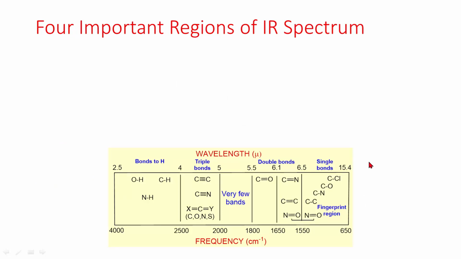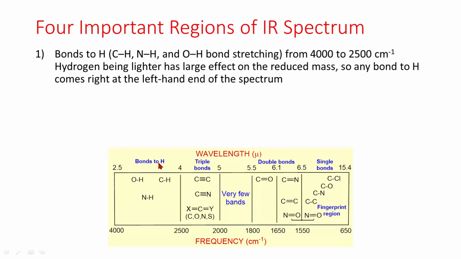There are four important regions of IR spectrum: bonds to hydrogen, triple bonds, double bonds, and single bonds. Bonds to hydrogen, CH bond, NH bond, and OH bond stretchings appear here. So hydrogen, being lighter, has large effect on the reduced mass. So any bond to hydrogen comes at the left hand end of the spectrum.